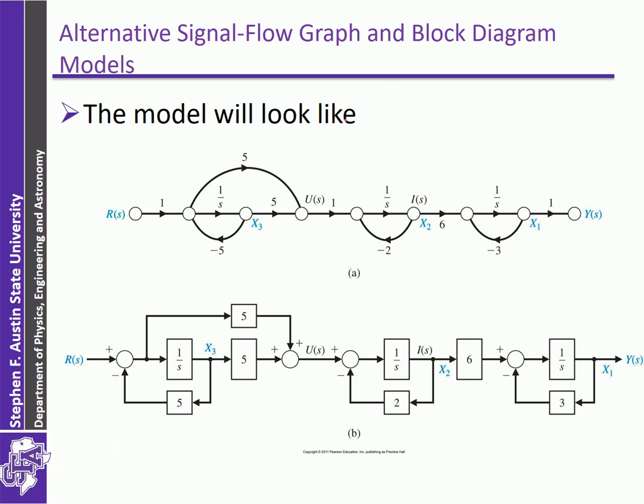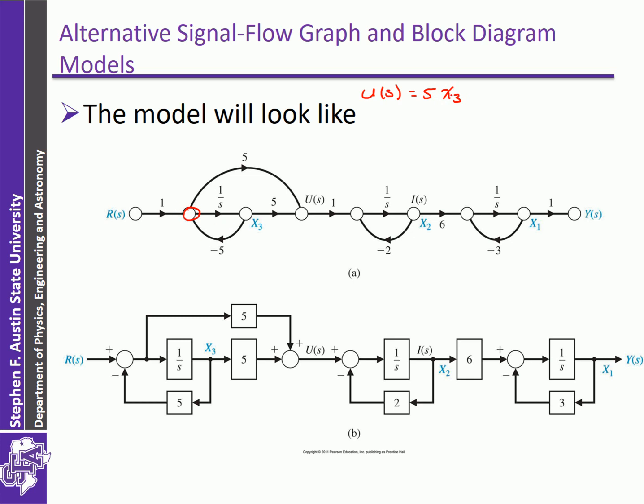Okay, so let's start with u of s. If I want u of s, it's x3 propagating forward, so it's 5x3. We take whatever is on this bubble and multiply it by 5. On this bubble, we are receiving r of s and we are receiving minus 5x3.